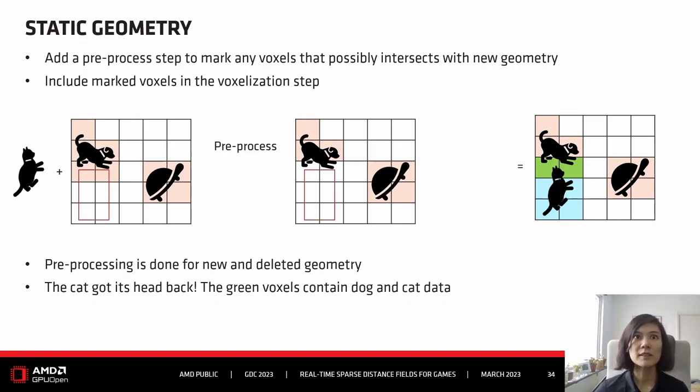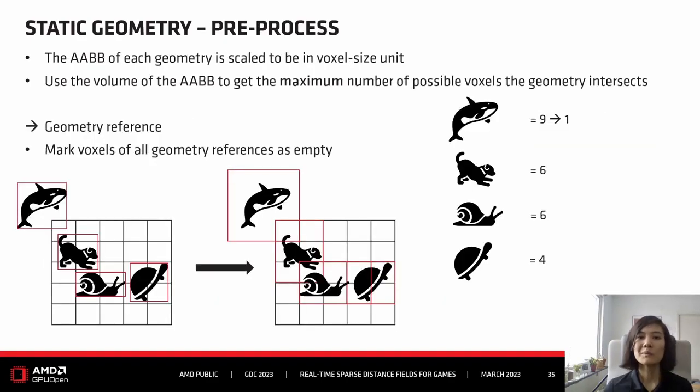Now the question is, how do we determine the voxels this geometry possibly intersects with? We do the same thing that we already did with the triangles. So we take the AABB of the geometry and we scale it to voxel size unit. For the triangles, this gave us the maximum number of possible intersections this triangle had with the voxels. Now with the geometry, this gives us the maximum number of possible voxel and geometry intersections.